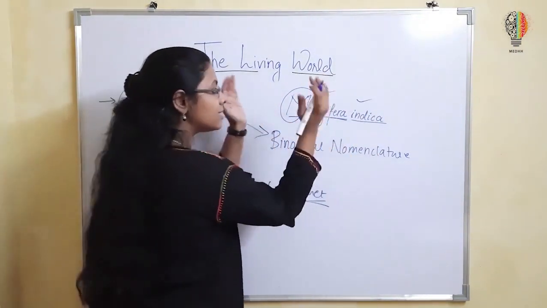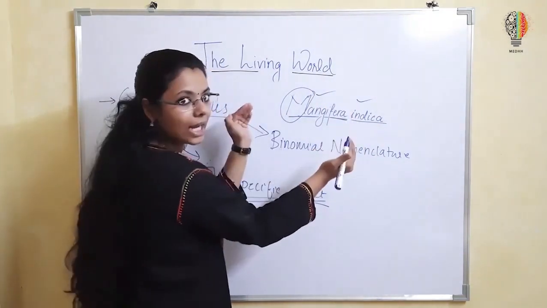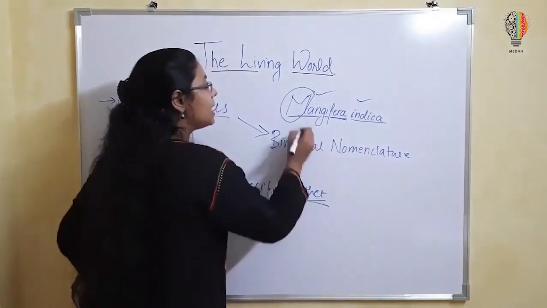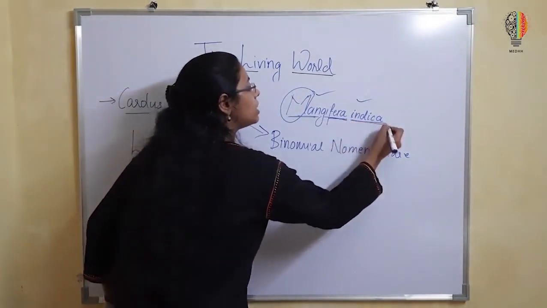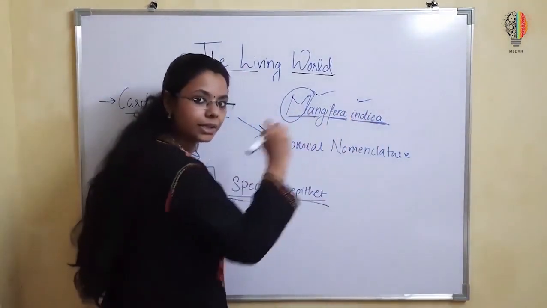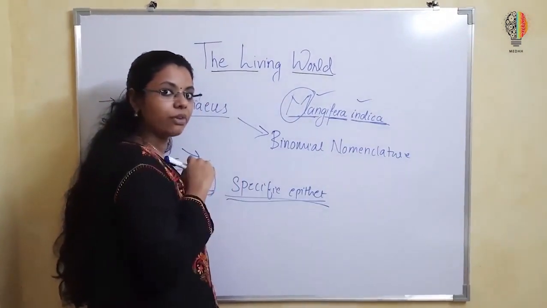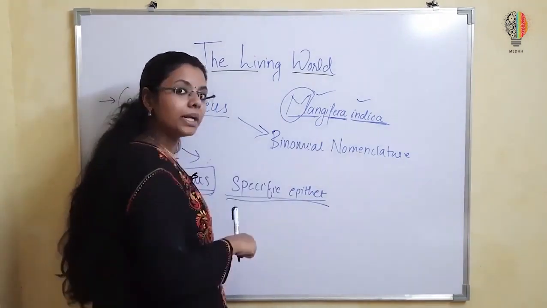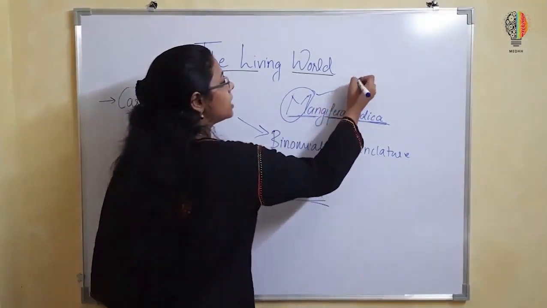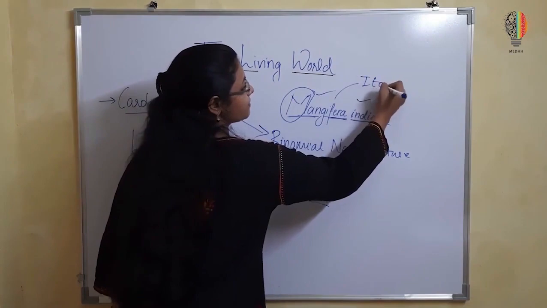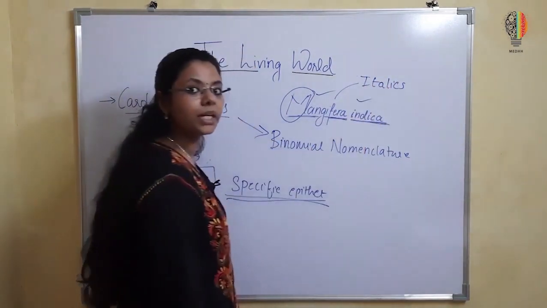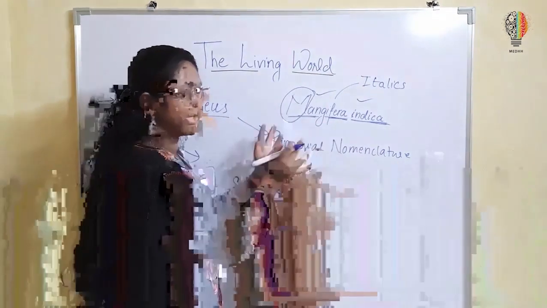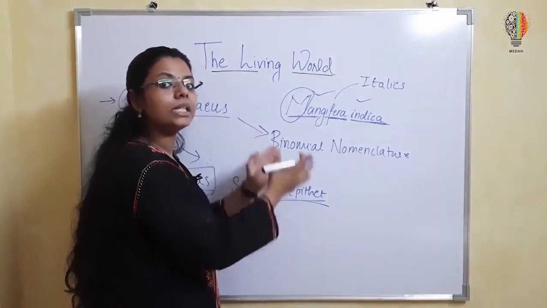How will I show the difference? When I am writing it, it has to be separately underlined. If I am printing it, it has to be printed in italics, to show the difference from a common name. This is not a general word I have included, it is a scientific name.